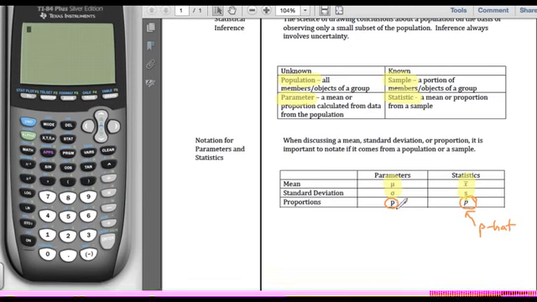So plain p is your population proportion, it's a parameter. P hat is your sample proportion. In these next several videos, we're going to begin to learn how to use p hat to infer about p.